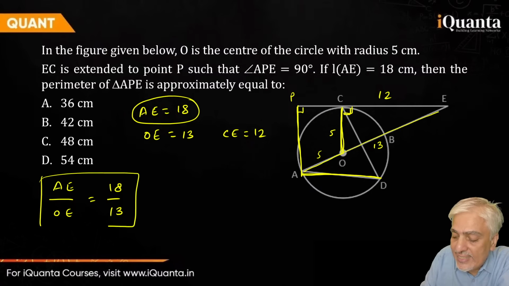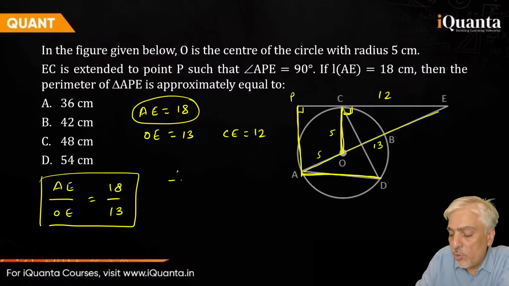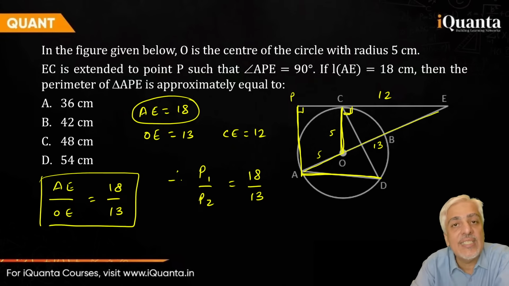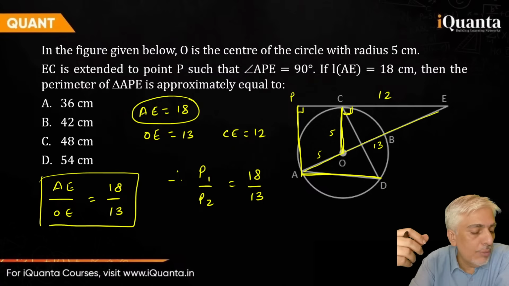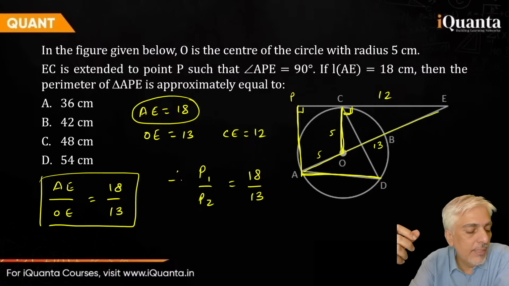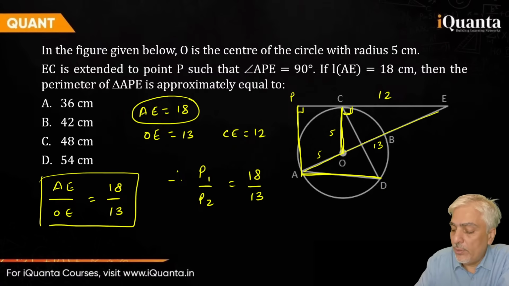Ratio of the side is 18 upon 13. Therefore, the ratio of perimeter will also be 18 upon 13. Triangles are similar, so when one side ratio is 18 upon 13, all three sides will be 18 upon 13. So perimeter will also be 18 upon 13.